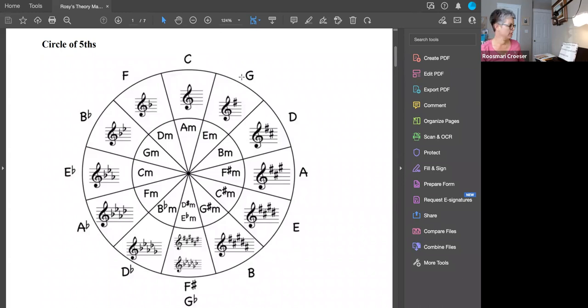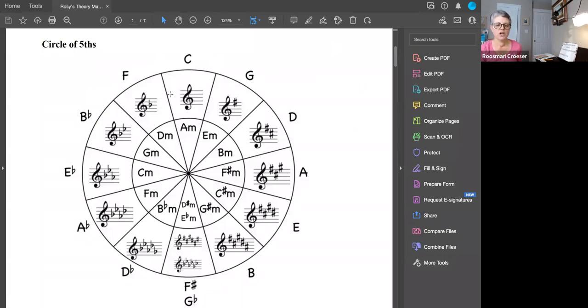Then we go from G and we take an interval of a fifth, G, A, B, C, D, 1, 2, 3, 4, 5, and we get to D, and so on and so forth. And it works the other way too. C, B, A, G, F, going backwards by an interval of a fifth. So all the way around we have intervals of a fifth.